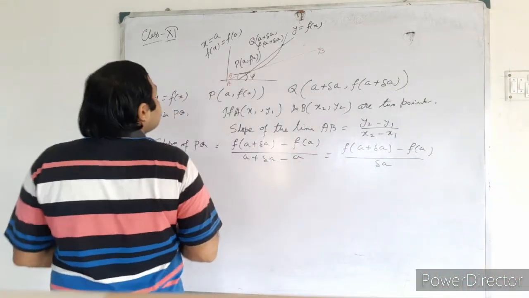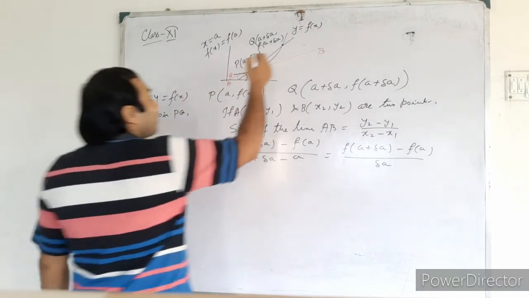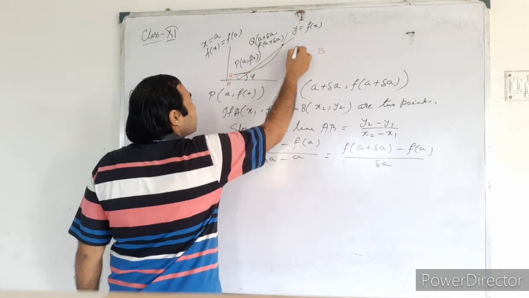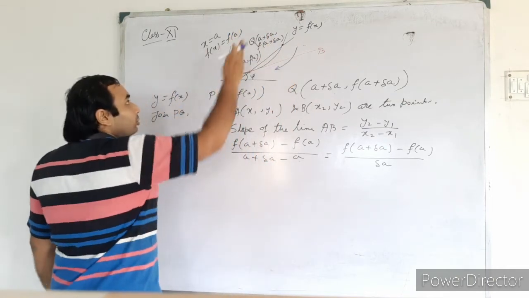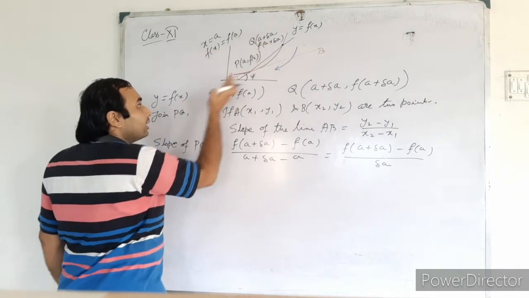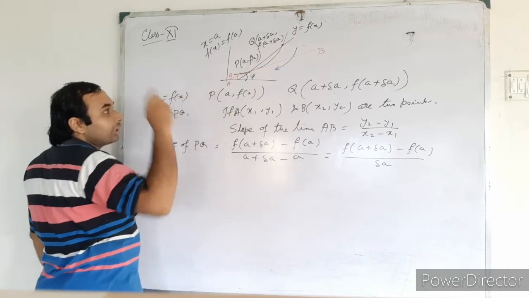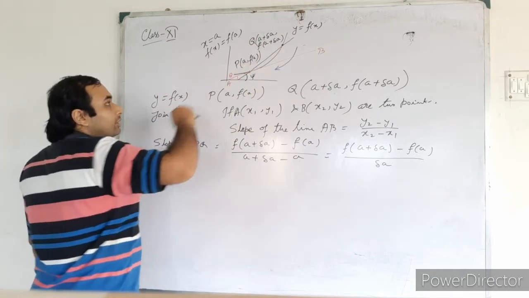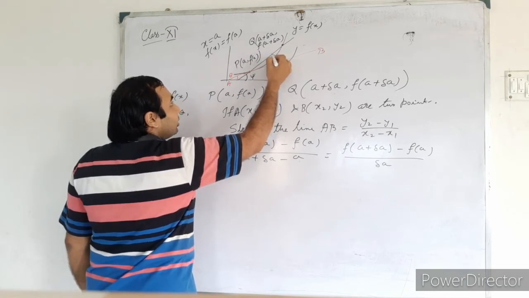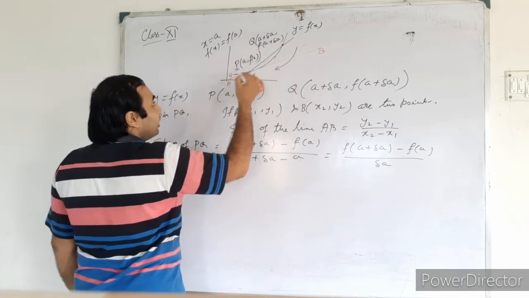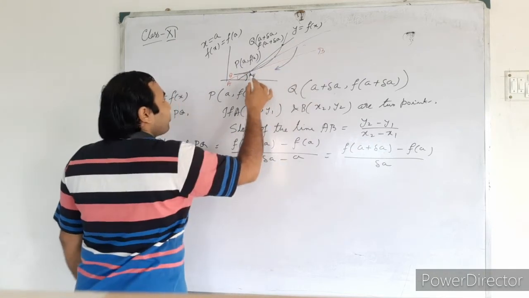For minimizing this, suppose Q is coming towards P; we are minimizing the increment by taking del a tends to 0. Del a tends to 0 means Q will tend to P. So if Q is now on this side, the PQ line will be this one.